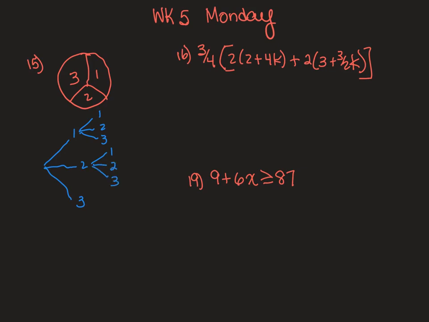If I got a 3 on my first spin, doesn't matter, I still could get a 1 or a 2 or a 3 on the second spin. So to be clear, these are the numbers from the first spin. That's the first spin. And these are the numbers I could get on the second spin.